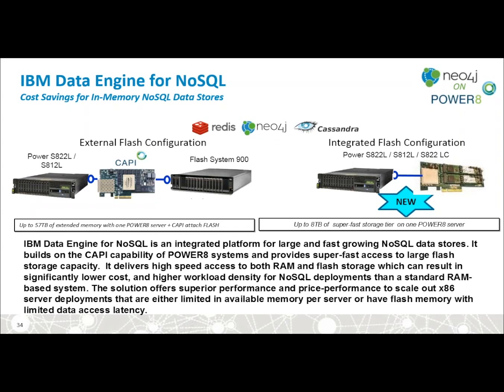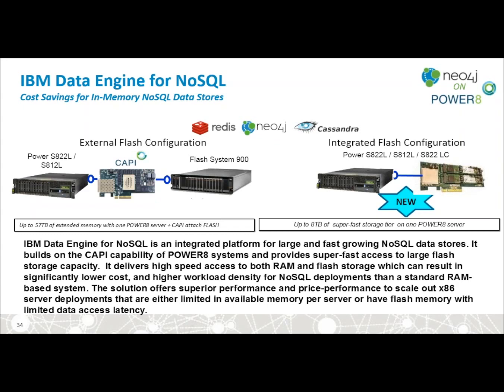If you look at the platform, we have two different options. One is called the external configuration. In this case, we allow an external IBM FlashSystem 900, which has a capacity of up to 57 terabytes, to be attached via CAPI to provide this super fast, low latency storage option.